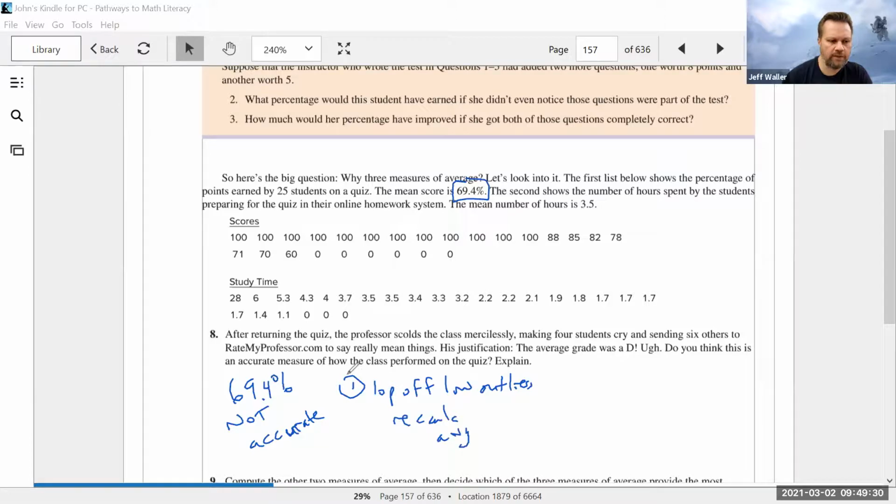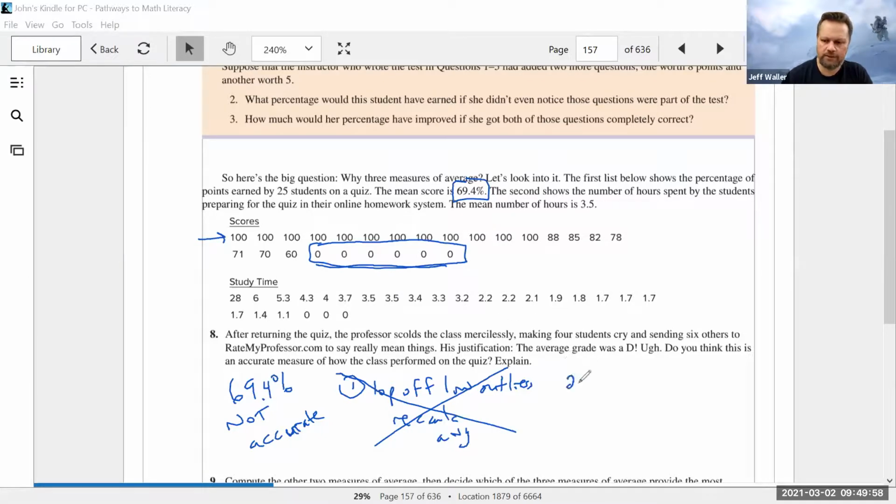Now I'll tell you this much: this one is normally not considered a good way to do things because you're losing data. But in this case, depending on what those zeros really represent, if these people actually tried everything and just completely screwed everything up and misspelled their name, then maybe I should keep it in there and be upset. But look at how many people made 100 on the thing, right?